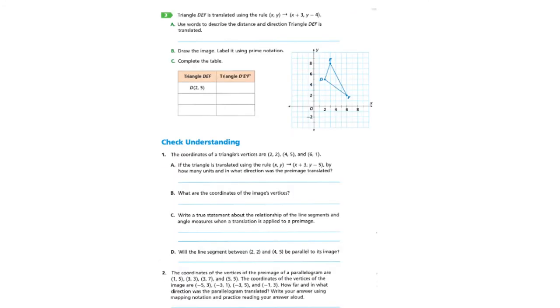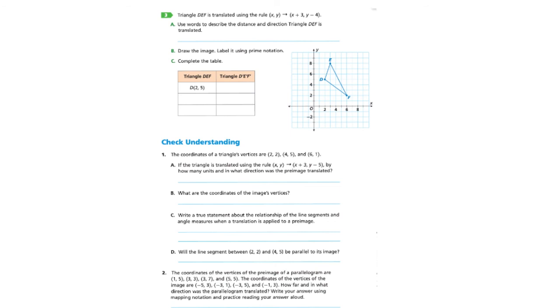Now this final question in the Step It Out, triangle DEF is translated using the rule XY, the ordered pair XY is mapped to the ordered pair X plus 3, Y minus 4. So they want you to use words to describe the distance and direction triangle DEF is translated. So what's happening is basically what they're asking.